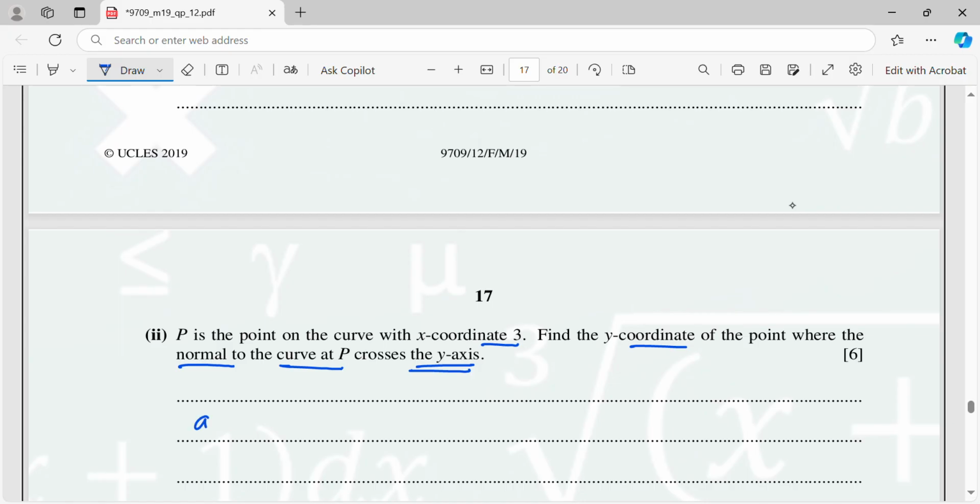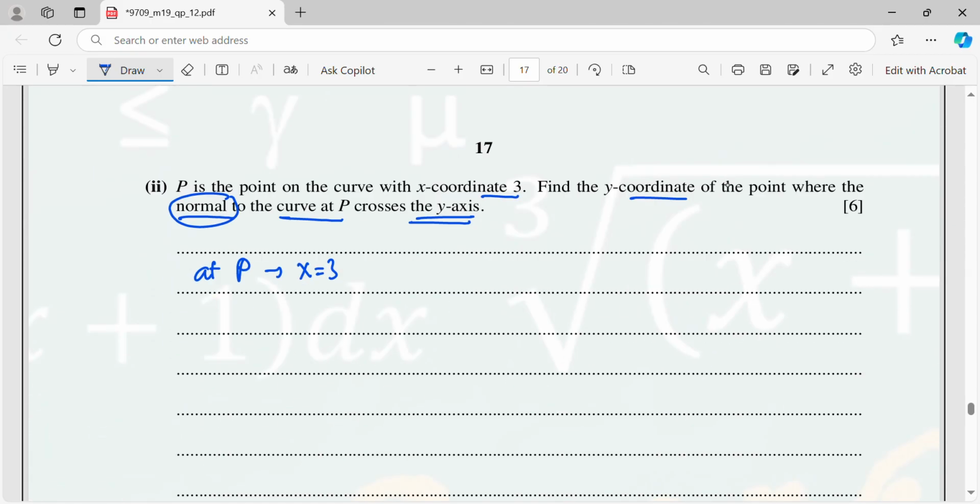Alright, so now I will say at P, the x is 3. Because of normal here, right, so now we need to find the dy dx first. That is the gradient of tangent at the point P. So now my y is square root of x cubed plus x squared. So this is same as x cubed plus x squared with power half.